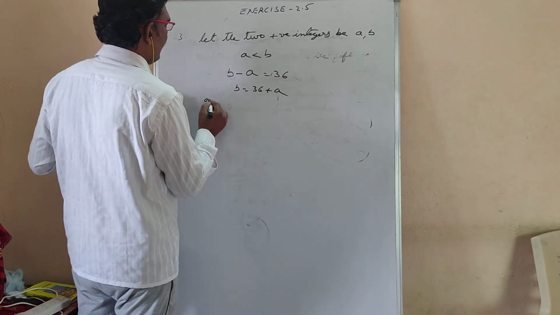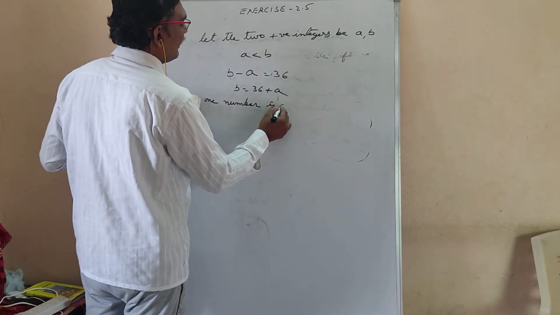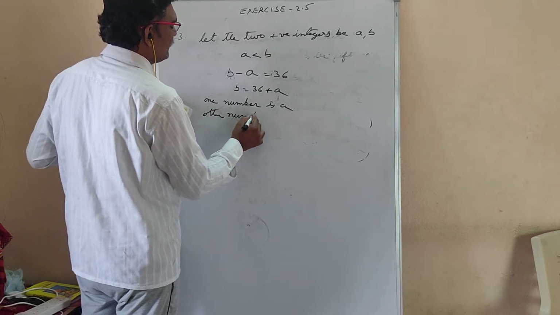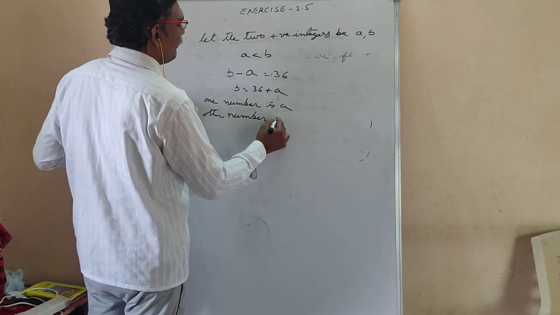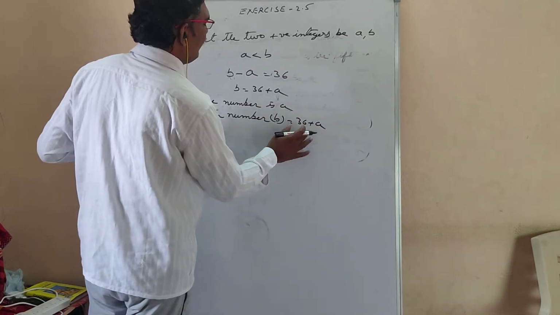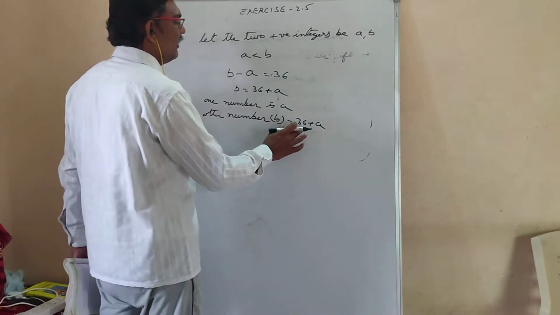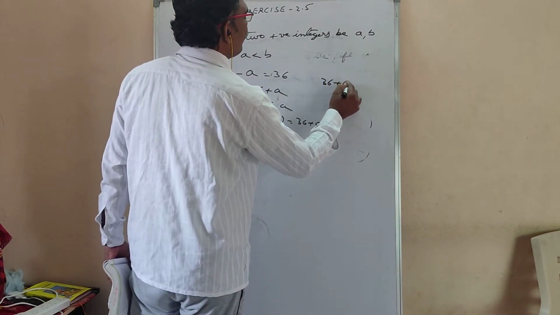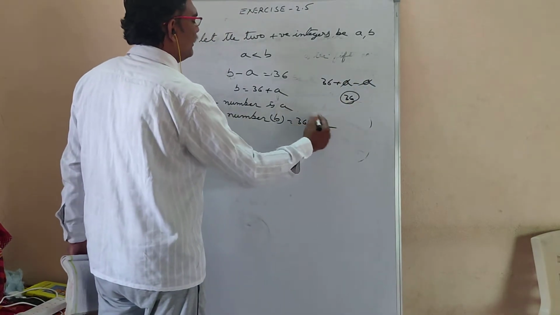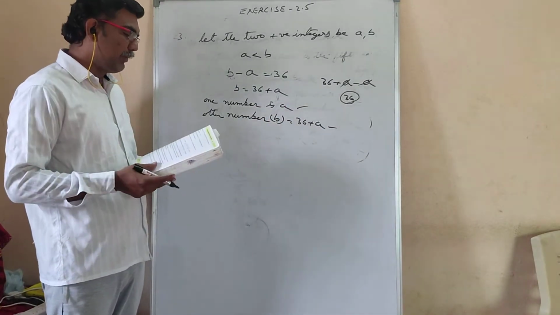So one number is a, and the other number is b, which is nothing but 36 plus a. If you find the difference, you get 36 only. From 36 plus a you subtract a, a cancels, and you get 36. So you wrote this by reading the problem.